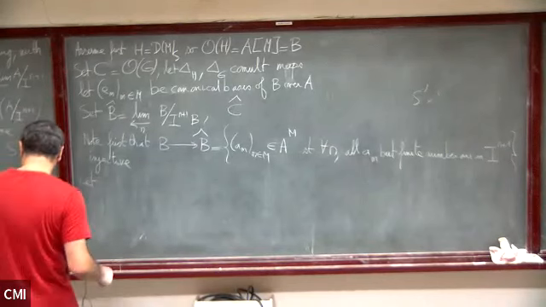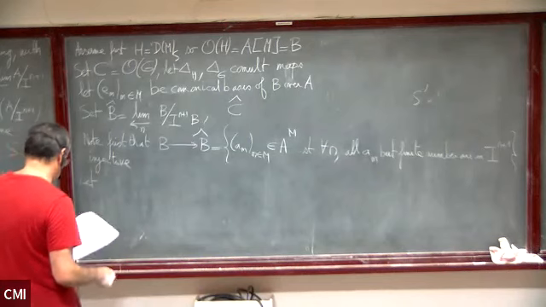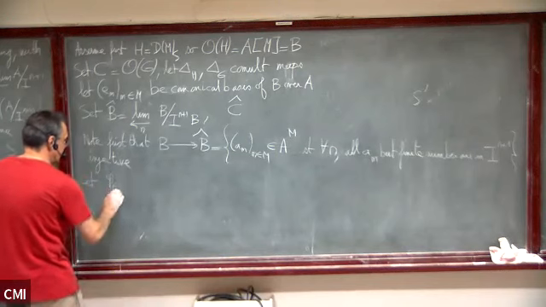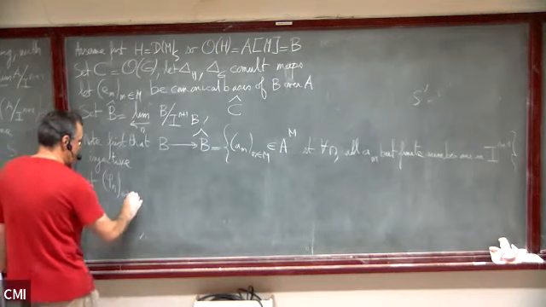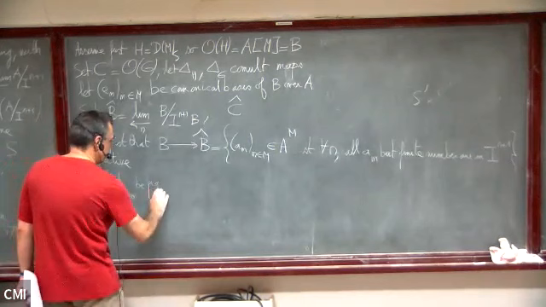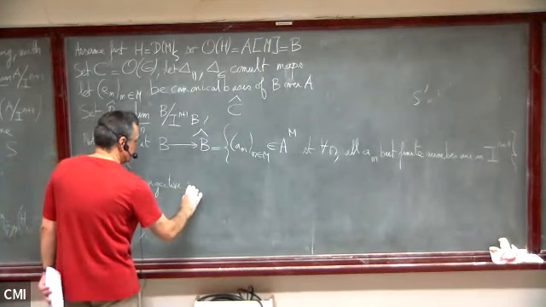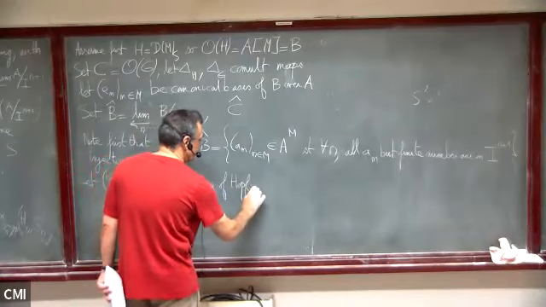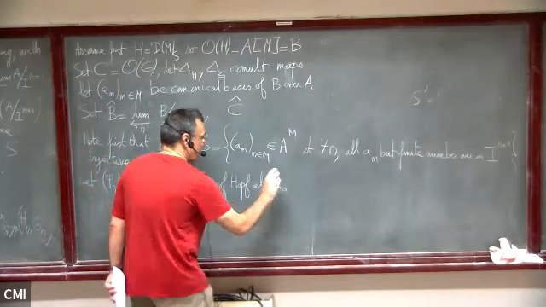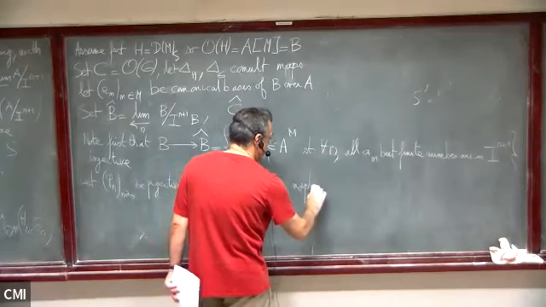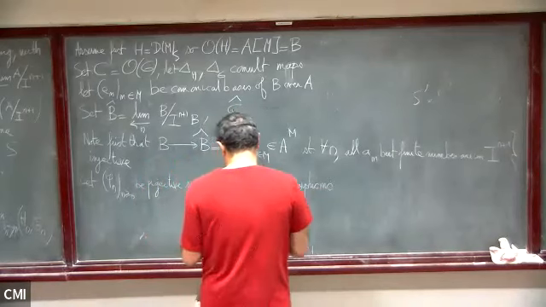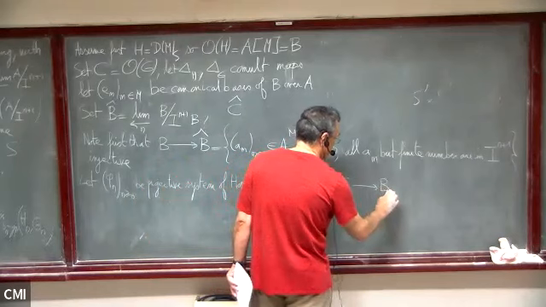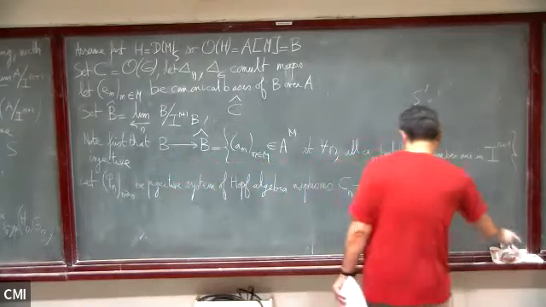Okay, so let phi_n be a projective system of algebra morphisms from C_n to B_n.